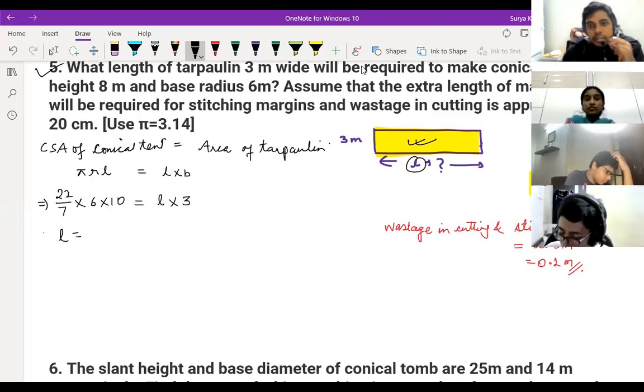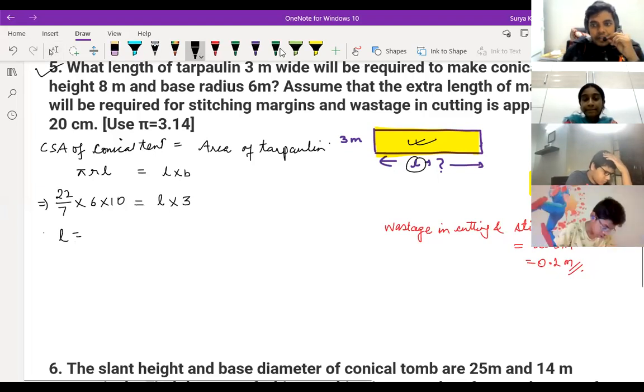Sir, is there any formula for tarpaulin length? The tarpaulin is a rectangle, no? We use length into breadth. Yes, the tarpaulin comes in that shape only, no? Okay.